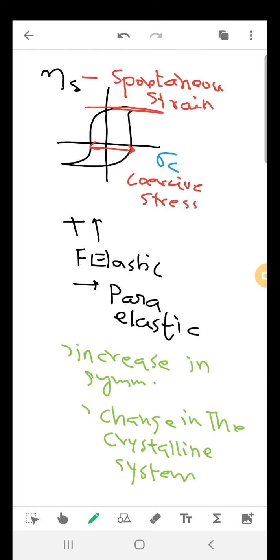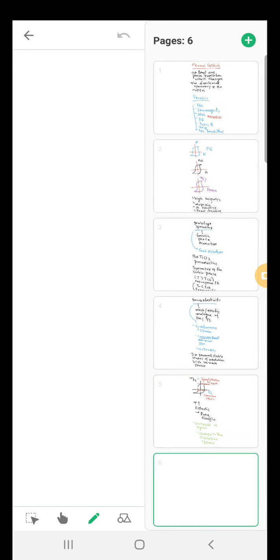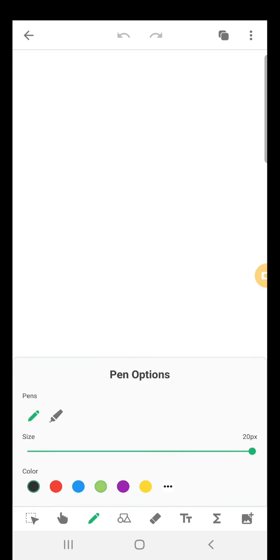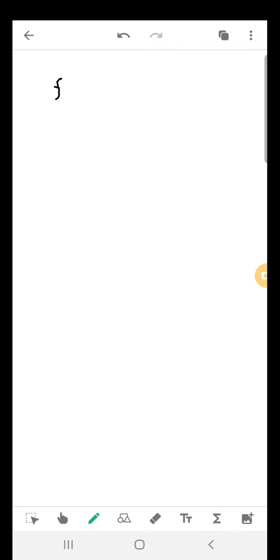Now these ferroics are of great importance in the family of smart materials. So ferroics are basically smart materials.